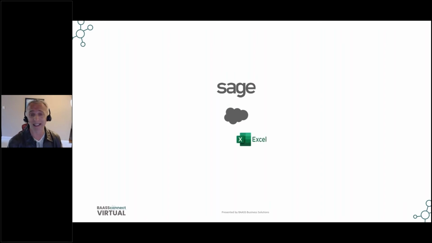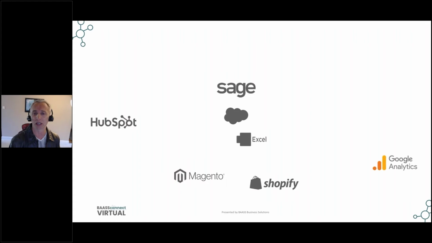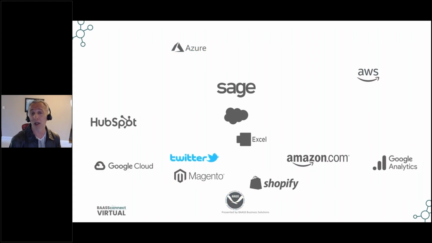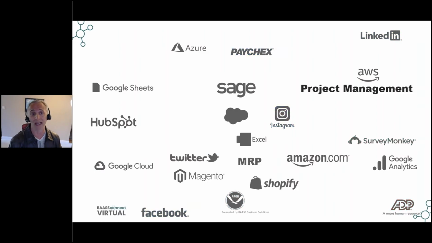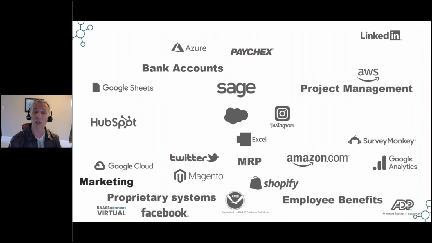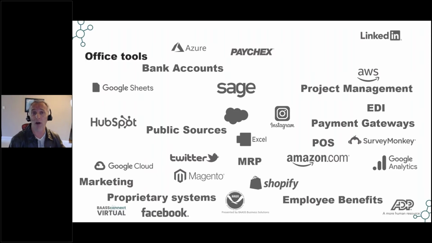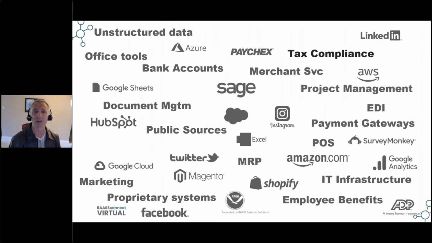You probably have Excel all over the place with some piece of the data. You might have HubSpot, Shopify, Magento, Google Analytics, Azure. I mean, there are a lot of data sources or data silos that are capturing your business, your transactions, your interaction with your clients, with the banks, with government, everything. There's a lot of data silos out there.